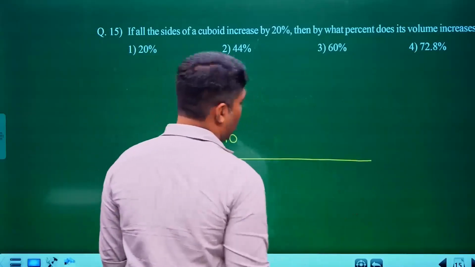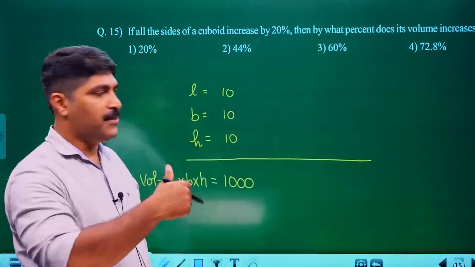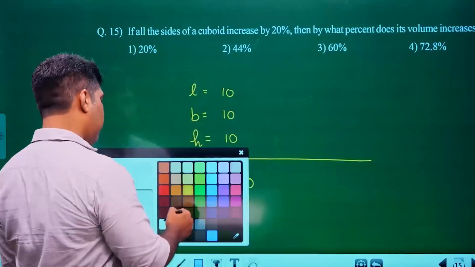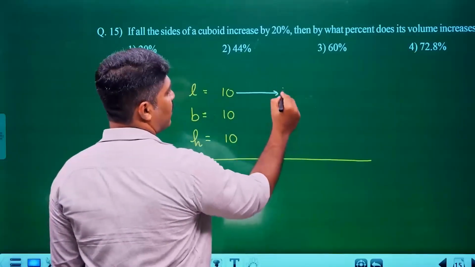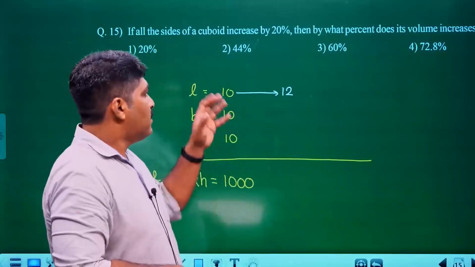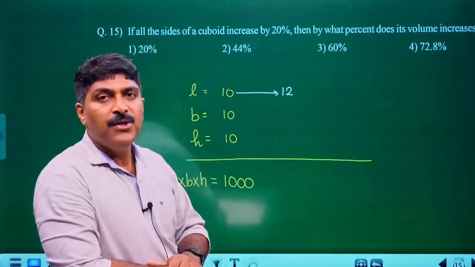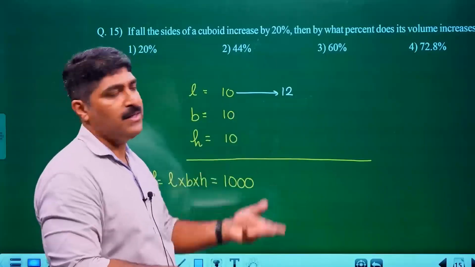Clear? So now we consider, if there is an increase of 20%, what happens with these measures? If this 10 is increased by 20%, it becomes 12. So if the length is increased by 20%, it becomes 12 units. That unit can be anything, centimeter, meter, whatever it is.